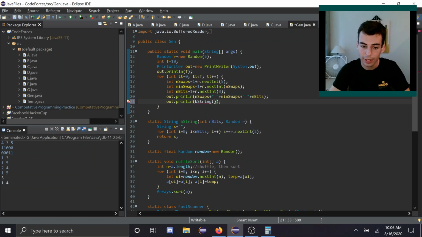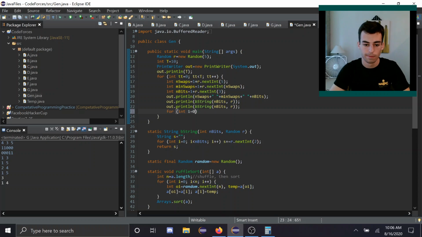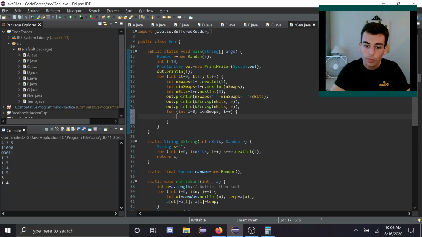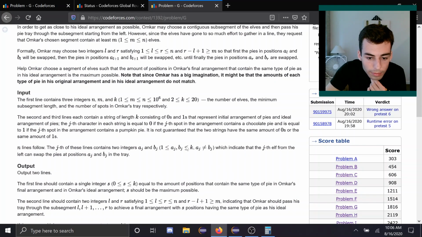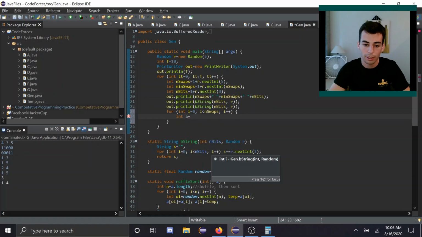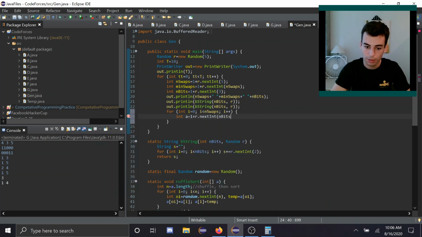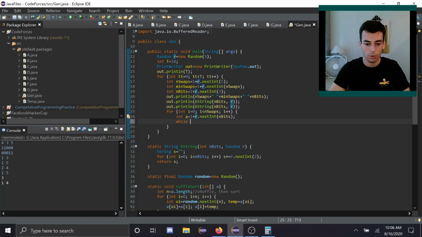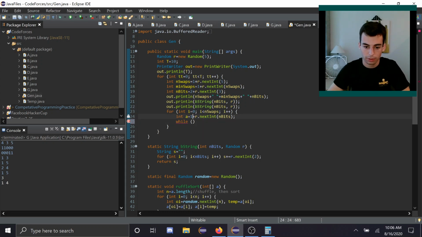Binary string of length n bits, twice. Int a equals, can these be the same thing? 1 plus r dot next int bits. Well, okay.